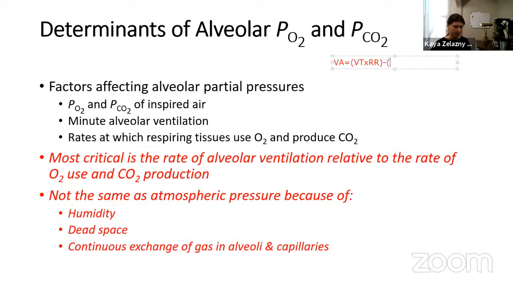So we got to remember that we're removing all the dead air here. All right, so same thing, our dead space volume times our respiration rate. Okay. So this is basically telling us how much fresh air we're getting into the alveoli, so that matters when we're thinking about what our alveolar partial pressures of oxygen and carbon dioxide are going to be.